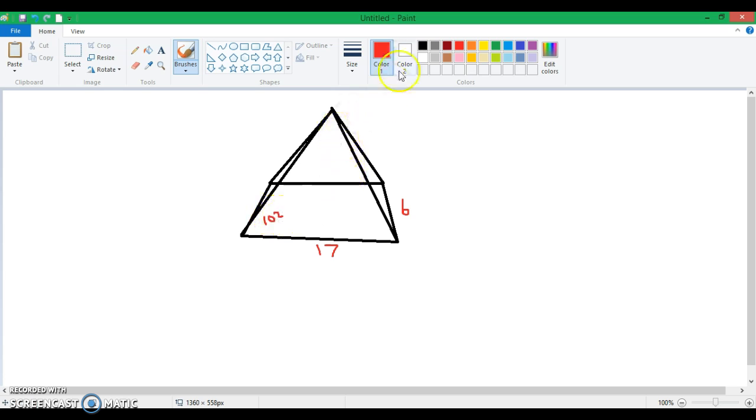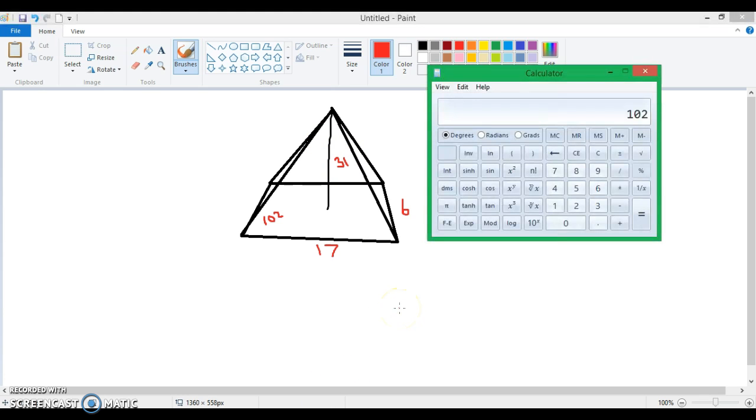And let's say that the height is 31. So we take 102 and multiply it by 31, which gives us 3,162.